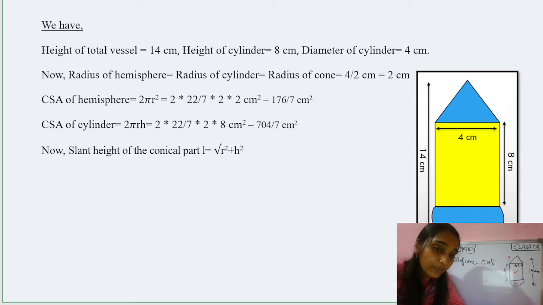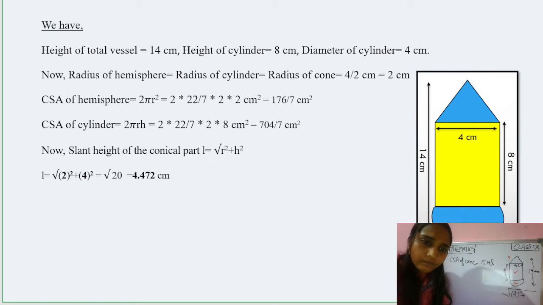So its value will be under root of r square plus h square. So simply you can put up the values on the side. You can calculate. It will be 2 square plus, what will be its height? Yes, it will be 4 square, because we have already seen that total height of this figure is 14 and we can subtract the other one.